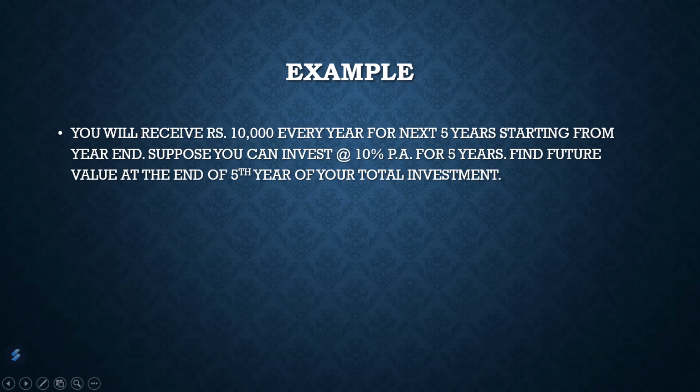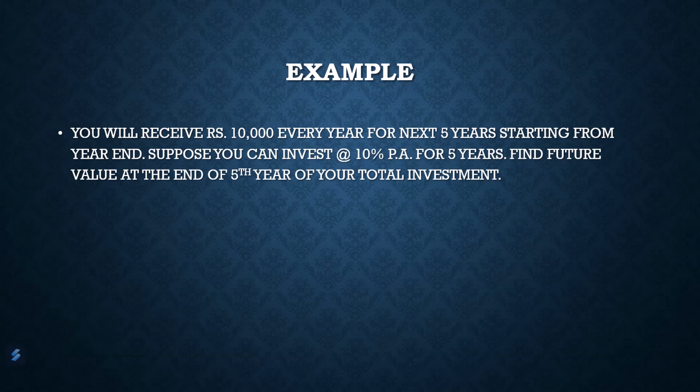Now if you can invest this as and when you receive it at 10% per annum for the next 5 years, then at the end of the 5th year, what will be your total corpus amount? What will be your total investment value?